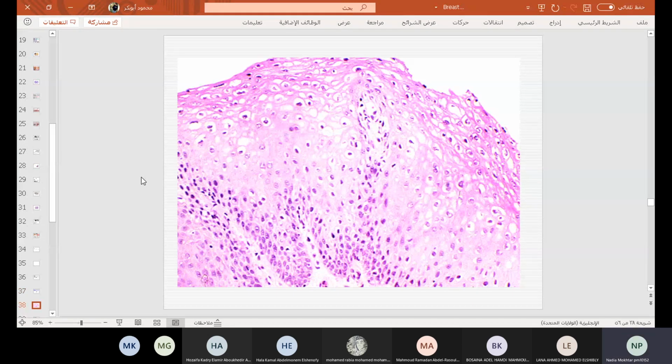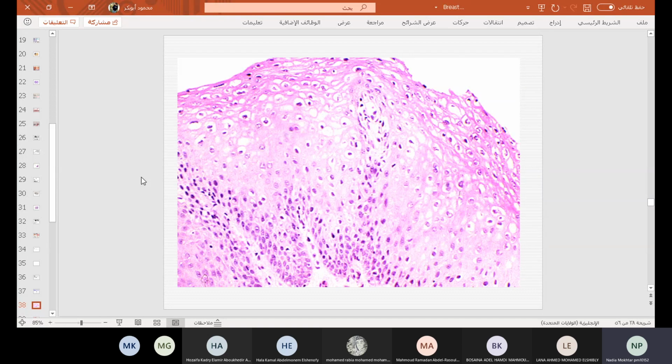This is an example of cervical intraepithelial neoplasia. The epithelium is quite thick, and it shows the upper part having those vacuolated cells with clear cytoplasm. We call these cells koilocytic cells, and they harbor the causative organism of cervical intraepithelial neoplasia, namely the human papillomavirus, which plays an important part in cervical carcinoma.